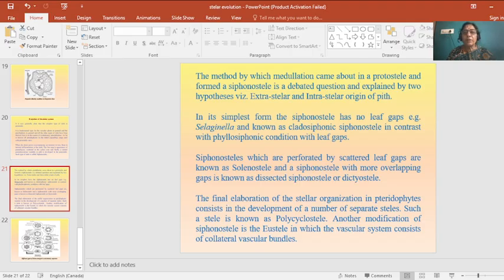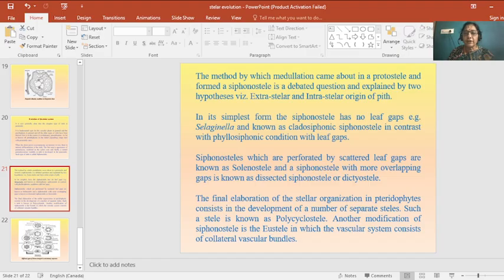The method by which the pith came about in the protostele to form a siphonostele is a debated question and is explained by two hypotheses called extrastelar and intrastelar origin of the pith. In the simplest form, the siphonostele has no leaf gaps, as in Selaginella, known as cladosiphonic siphonostele, in contrast with phyllosiphonic conditions with leaf gaps.